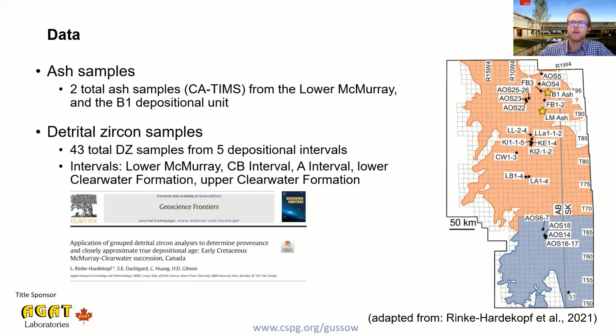And for that, we will be talking about two ash beds, because they are not only situated in the lower McMurray, but we'll also be discussing one on top of the B1 depositional unit, and comparing that to some of our recent advances in detrital geochronology and maximum depositional ages, where we were finally able to publish a paper here in Geoscience Frontiers after a fairly long endeavor, and where we subdivide detrital zircon samples based on their stratigraphic position into grouped detrital zircon samples, and from those we calculate these new grouped maximum depositional ages. So let's start by having a look at the ashes.